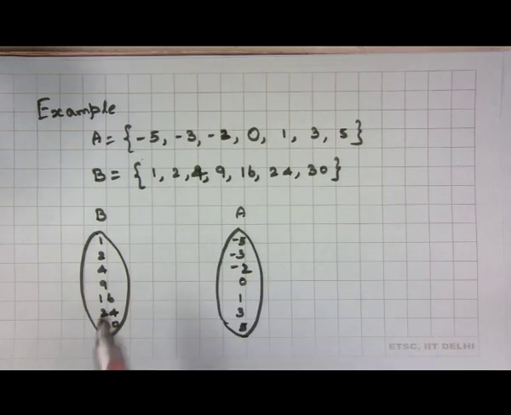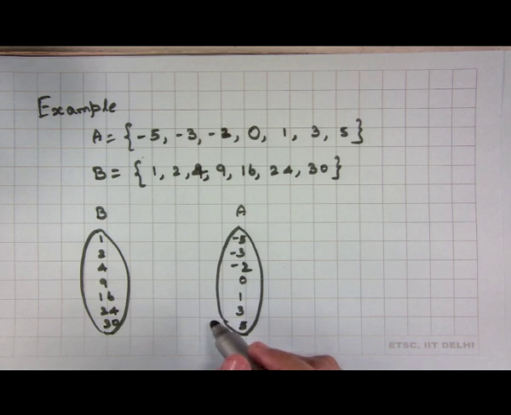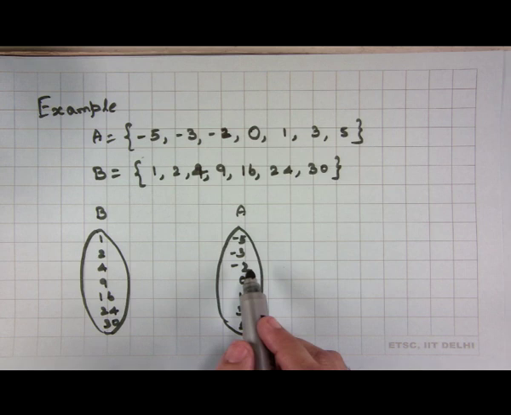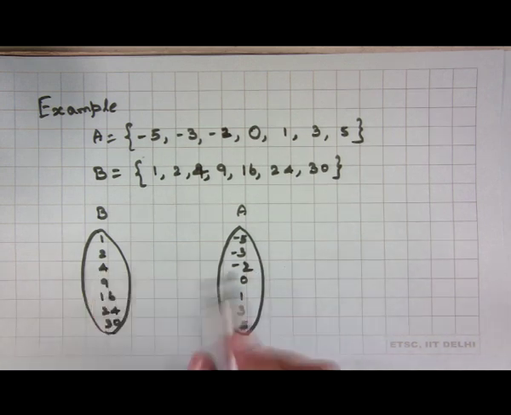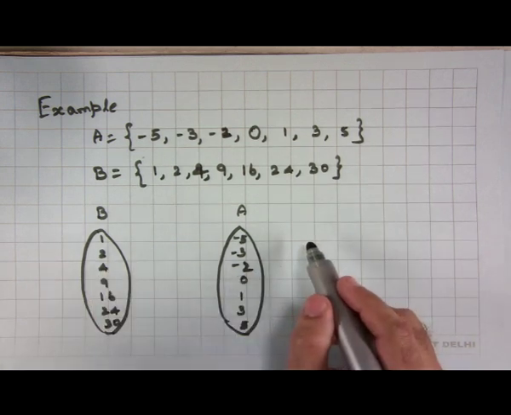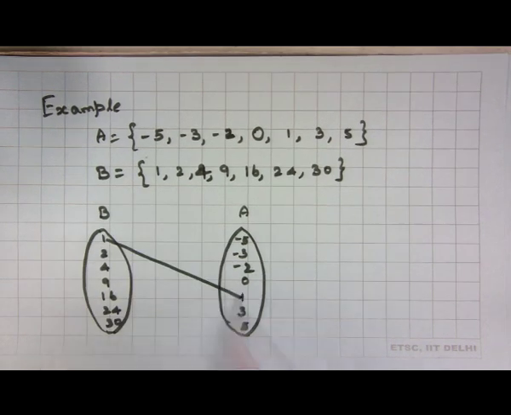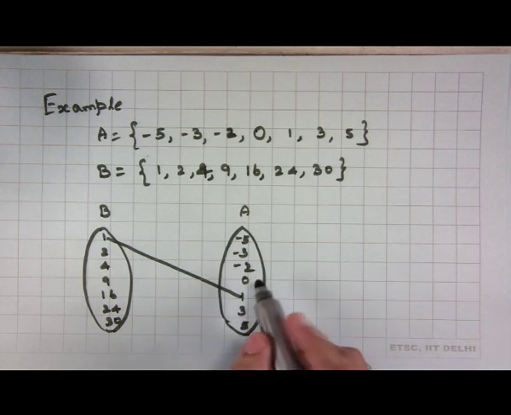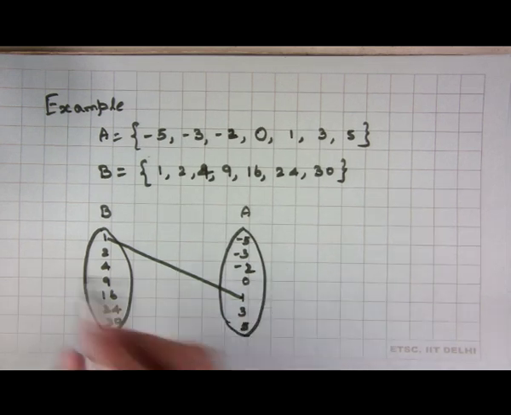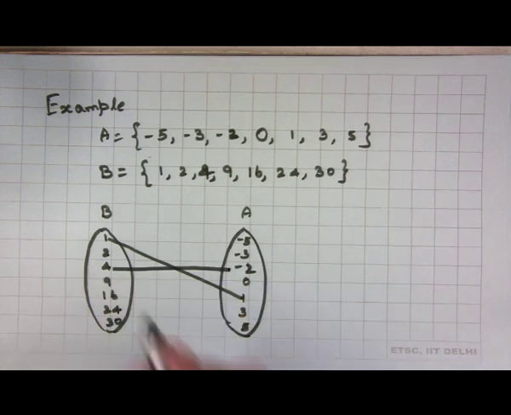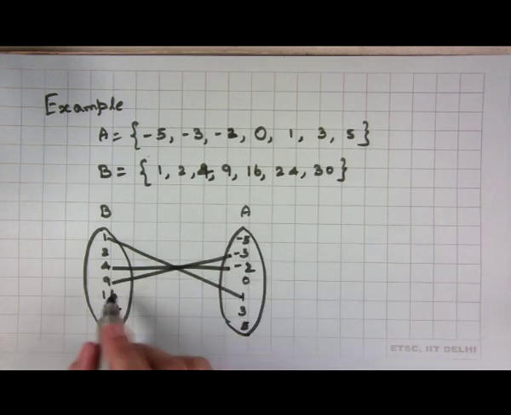Now, an element b is related to a if (b, a) is in R if b is of the form a square. So, 1 is related to 1. There is no element in A whose square is 2, but we have both -3 as well as 3.